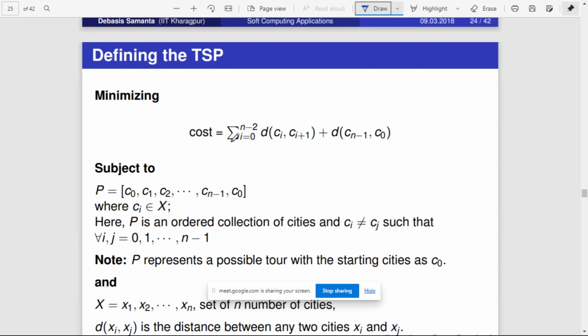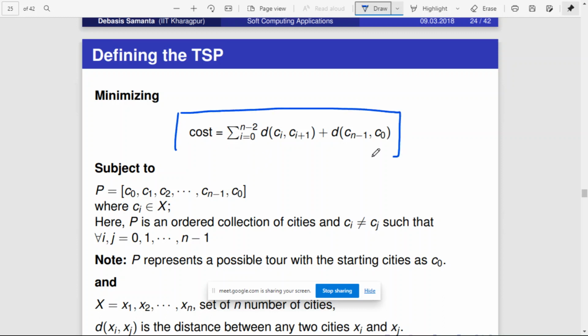Yeah. So all cities should be visited only once, but the starting and ending city should be the same. That is, the starting city can be visited twice. One is at the first and one is at the last, right? So here you can see this is the cost function, and this cost function we want to minimize.